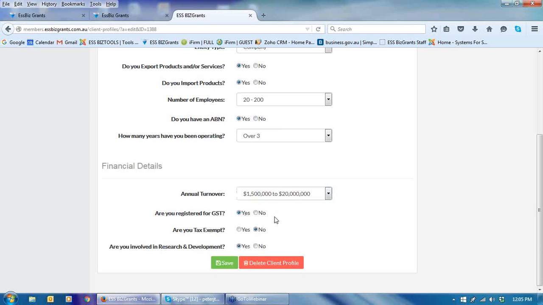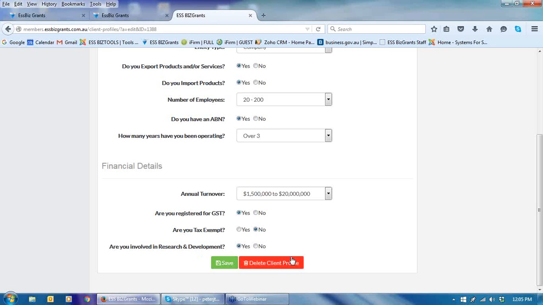Is the business registered for GST? The business needs to be registered for GST because all government grants are paid with an added amount for the GST. The question is, are you tax exempt? If your client answered yes for that, or you answered yes for them, then you will not be shown any grants because ESS BIZGRANTS is targeted at businesses.